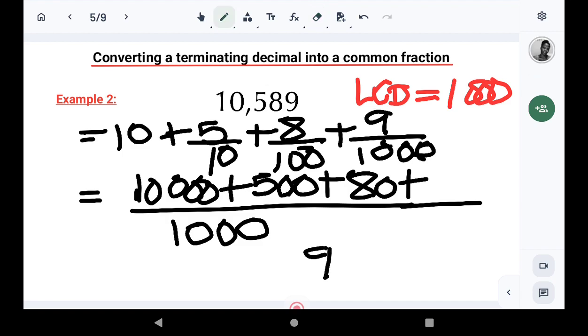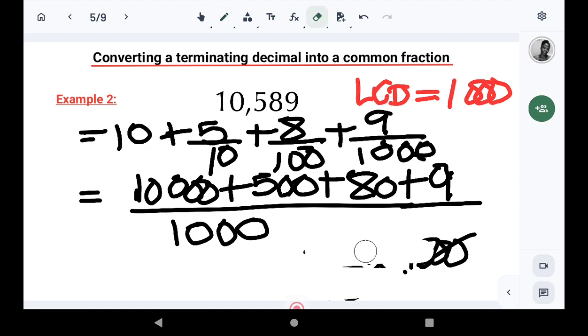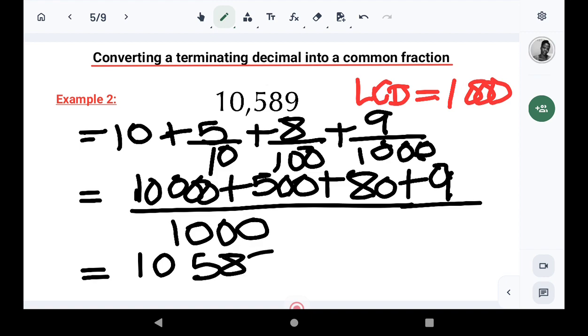The thousands cancel out, the zeros cancel out, and you're left with 9 times 1, which is 9. If you add all these numbers, that is 10,589. So you can express this number as 10,589 all over 1000. And that's how you express that number there.